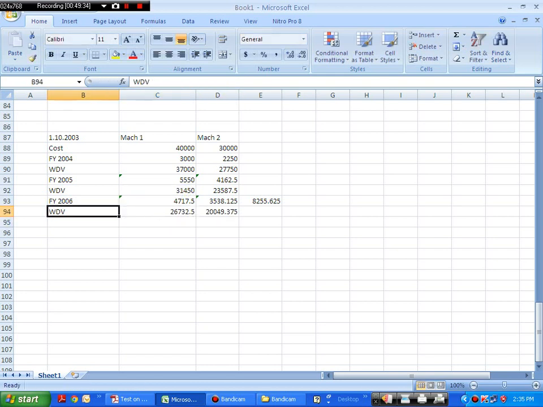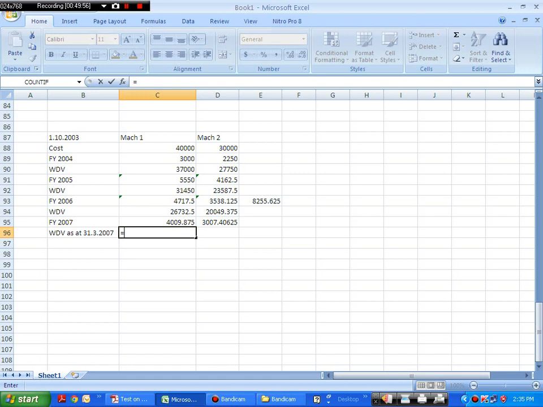Okay, so depreciation for FY 2007 is this into 15%, and the WDV as at 31/3/2007 will be this.